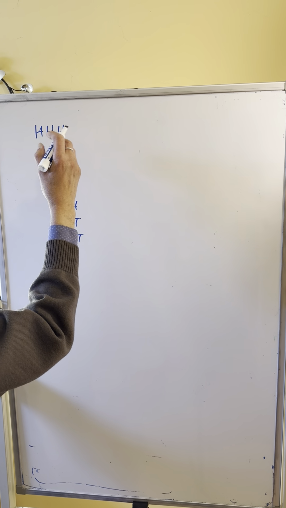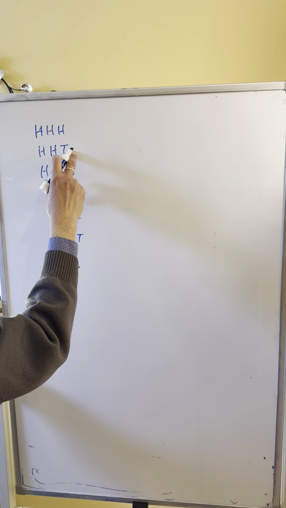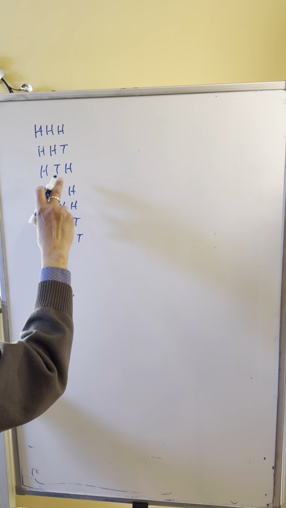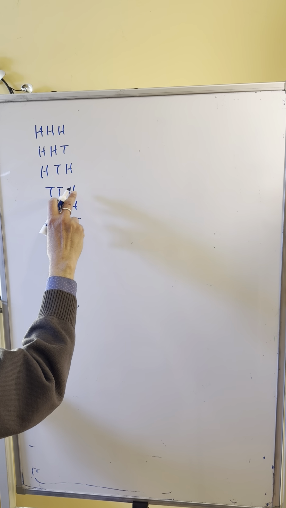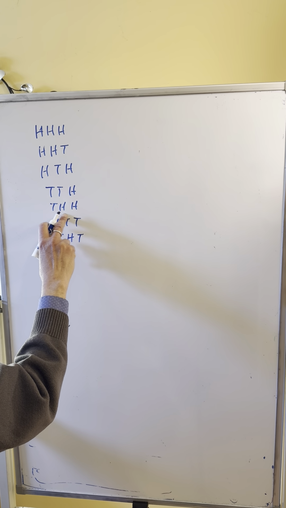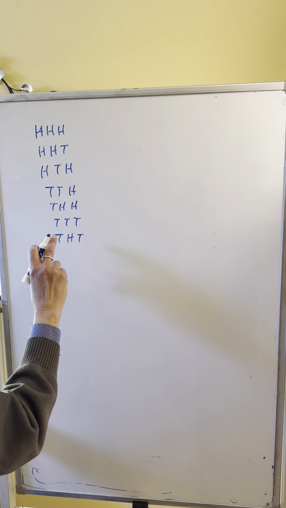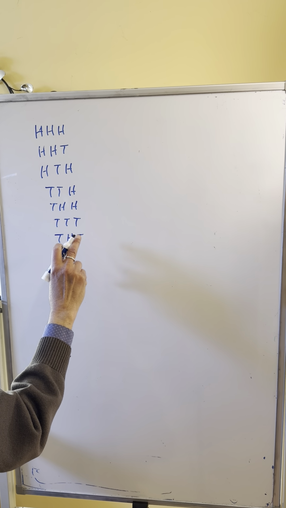In this case, all three tosses are heads. First two are heads, the third is tail. First one is head, second one is tail, third one is head. In this case, first two are tails, last one is head. In this case, the first toss is tail, the next two are heads. In this case, tail, tail, tail. And this is tail, head, tail.